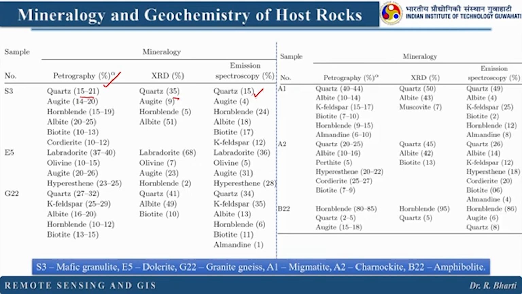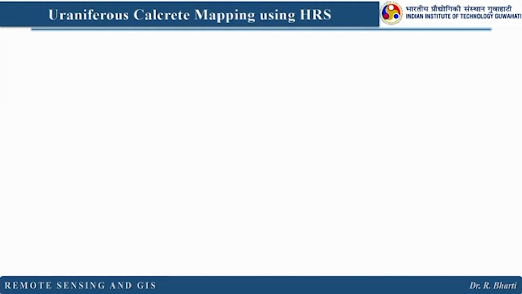Similarly, petrography, XRD and emission spectroscopy results were compared in this table, where S3 is mafic granulite, E5 is dolerite, G22 is granite gneiss, A1 is migmatite, E2 is charnockite, B22 is amphibolite. So, this was a very good work towards proving that spectral unmixing can give you good results which can match well with your conventional instrument results.